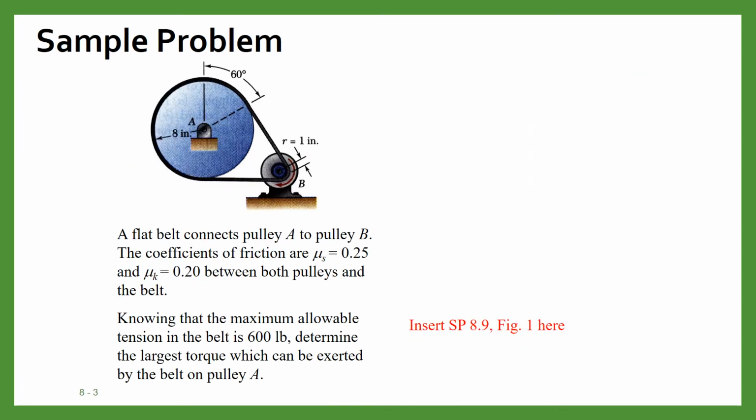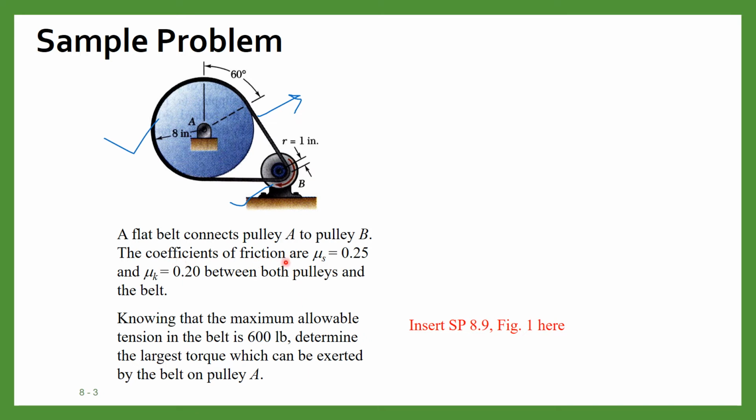One problem related to belt friction. As you can see, a flat belt connects pulley A to pulley B. This is pulley A and this is pulley B, and this belt connects both pulleys.